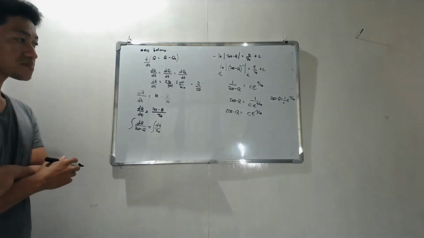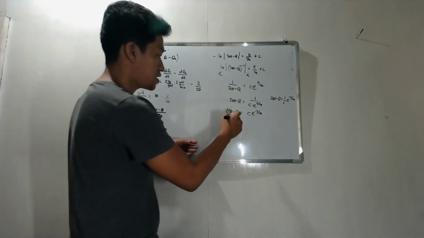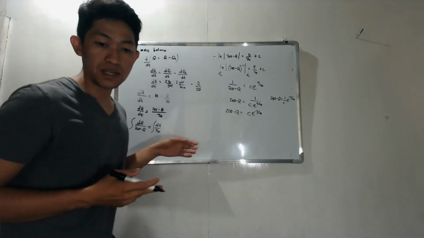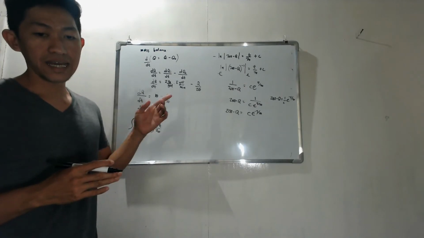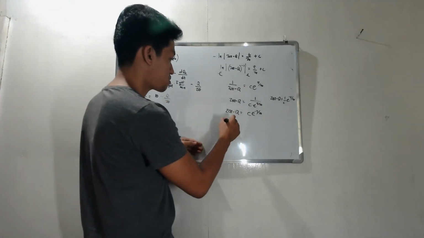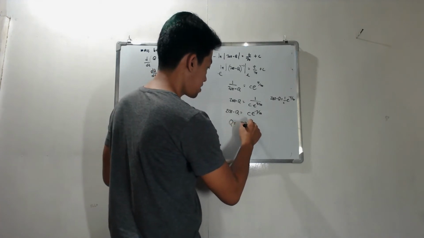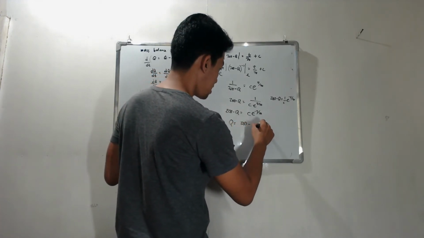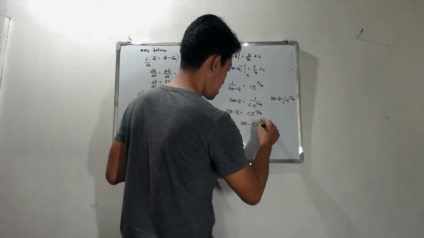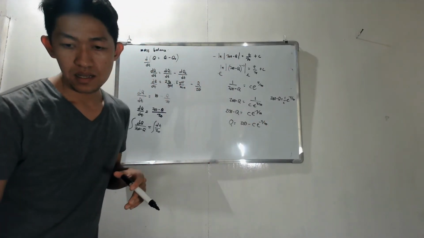Again, our objective is to find an equation that will relate q and time. So this will become q is just equal to 200 minus c e to the negative t over 20. That's it.